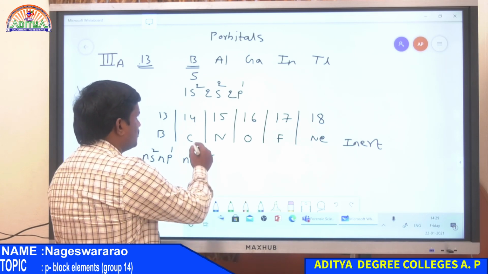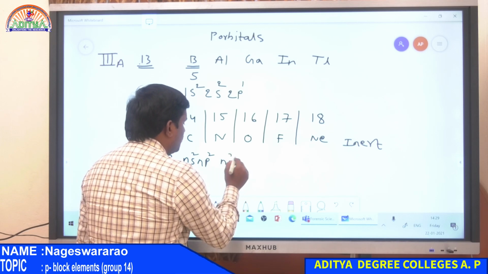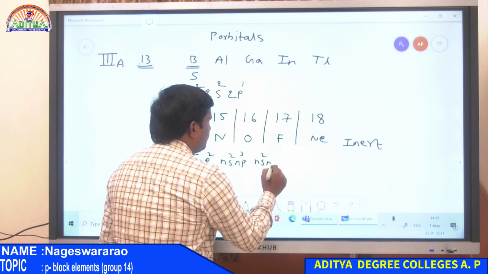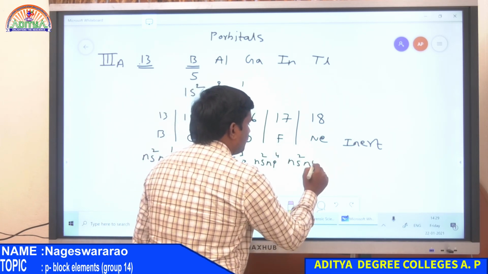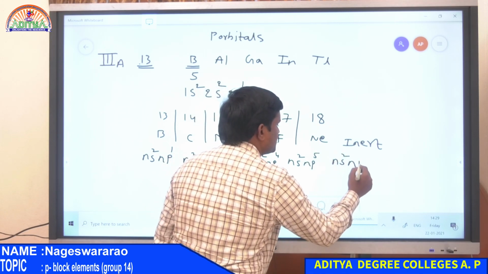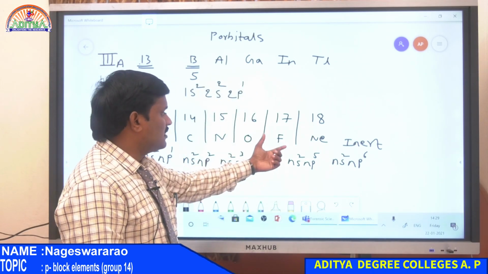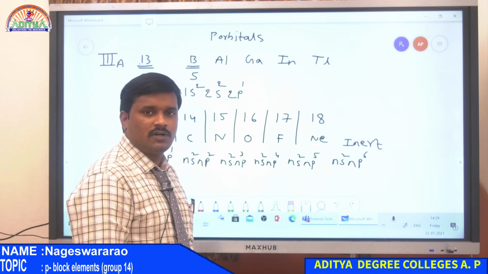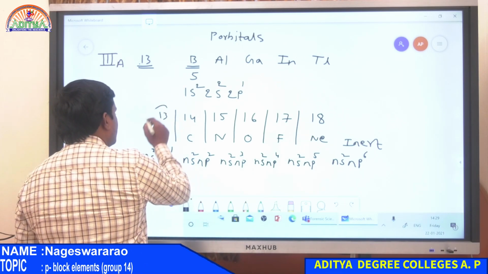Then ns2 np3, ns2 np4, ns2 np5, and for neon it is ns2 np6. In all these elements the last electron enters into p orbital, therefore all are p block elements. In the last class we discussed the boron family.